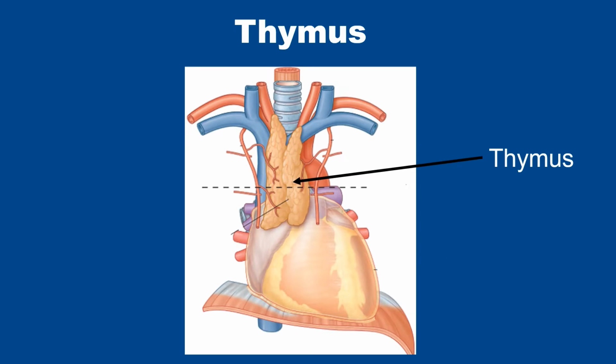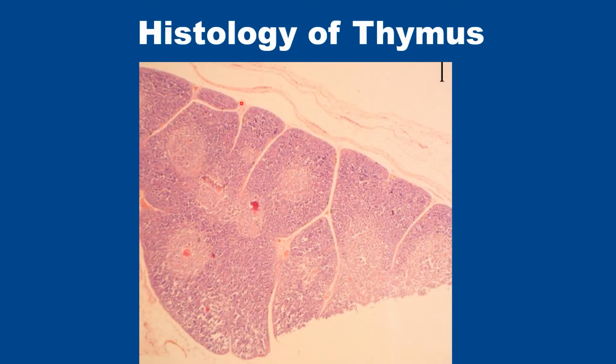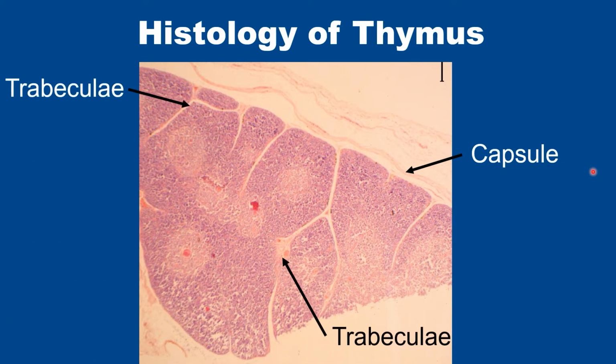The thymus is situated in the superior mediastinum. It has two lobes and it is covered by a capsule. The thick capsule of connective tissue covers the thymus and it sends connective tissue inside the gland, and that is called the trabeculae.